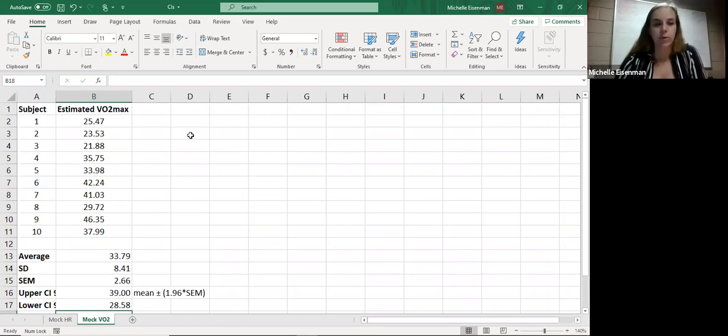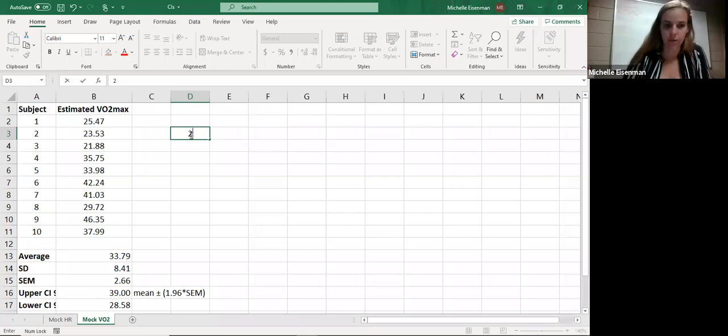So if I pull, let's say, let me pull every 2, hope this works, and check the average of that, and that average is likely to lie between those two numbers. It doesn't necessarily have to, since we're only 95% confident, but let's go ahead and get 5.3, 35.75, 42.24, 29.72, and 37.99.